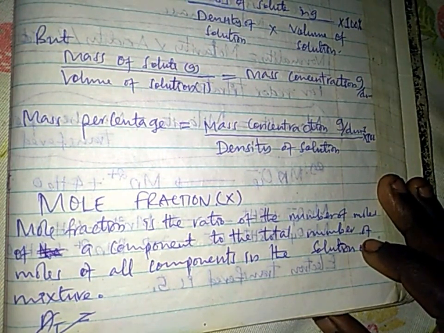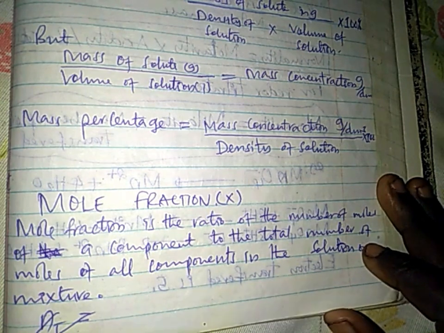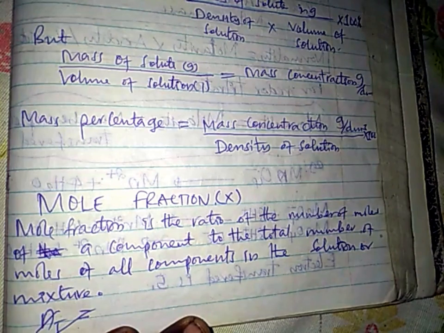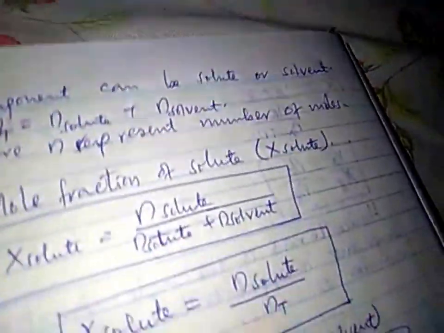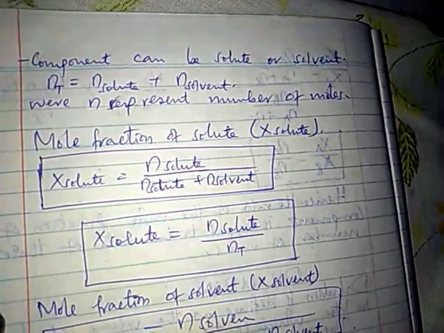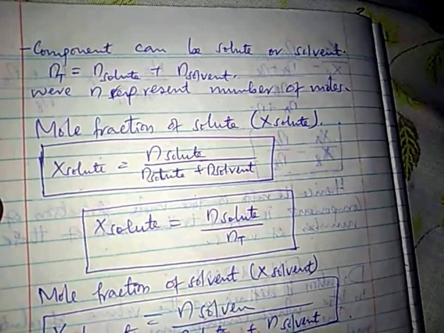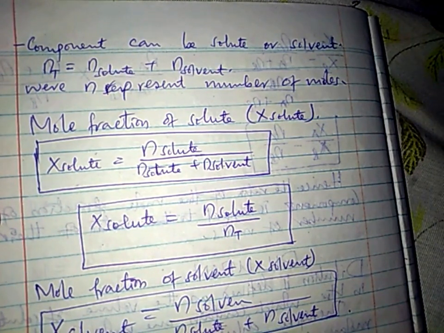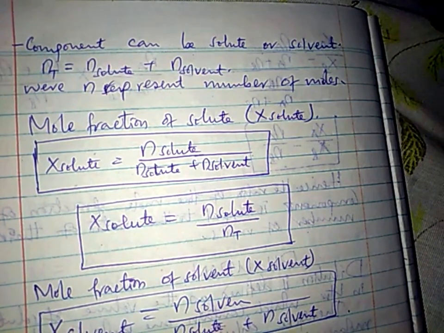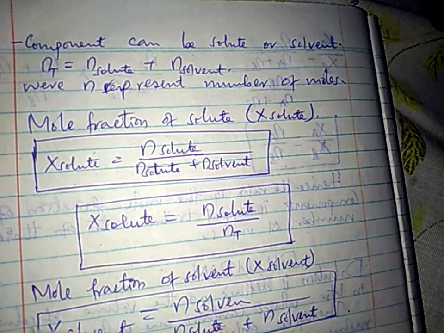So even in solution, the definition and the calculation of mole fraction remain the same. So it is the ratio of number of moles of one component divided by the total number of moles in the mixture. It depends on how many components you have in your mixture, but taking the number of moles of one component divided by the total number of moles is what we call a mole fraction.